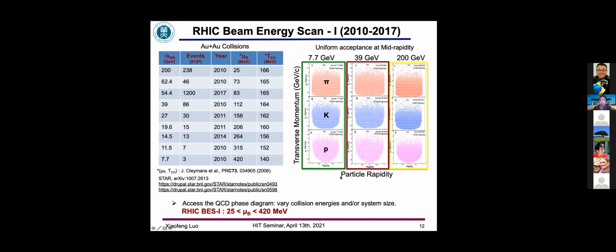STAR has very uniform acceptance for different energies and particles, and you can see on the right plot that at mid-rapidity the acceptance is very similar. By doing this energy scan, we can access the mu_B region spanning from 25 to 400 MeV, so we can access the QCD phase diagram over a large range.